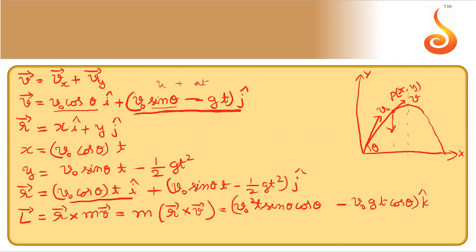Then this into this. j cross i is minus k.